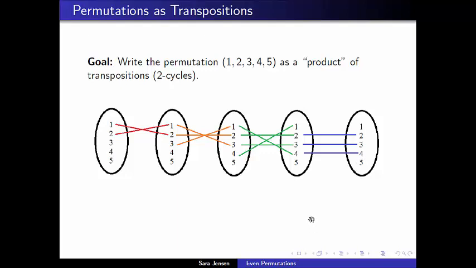And in this last place, we now have everyone going where they want, except that we want the 5 value to map to 1. 5 hasn't been touched in any of these transpositions, so if the 5 is ultimately to go to 1, it must do so here, and the 1 must map to the 5. And it's this particular combination of transpositions that's going to give us the cycle 1, 2, 3, 4, 5.